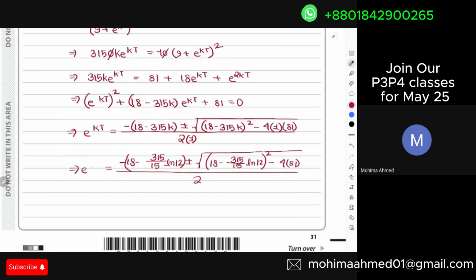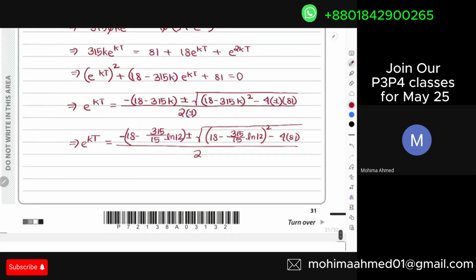Remember that all this time you're getting the value for EK capital T, not the value for capital T.